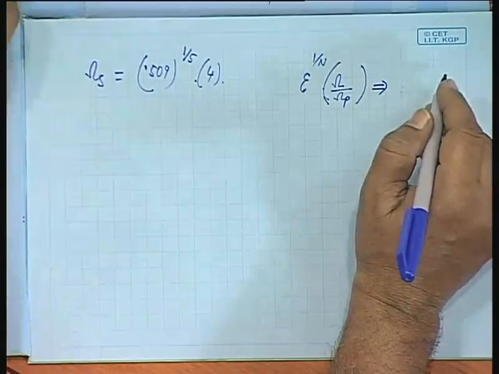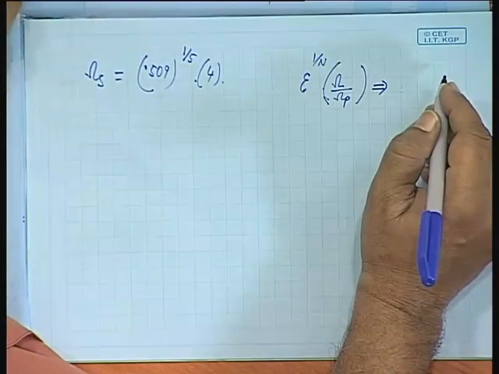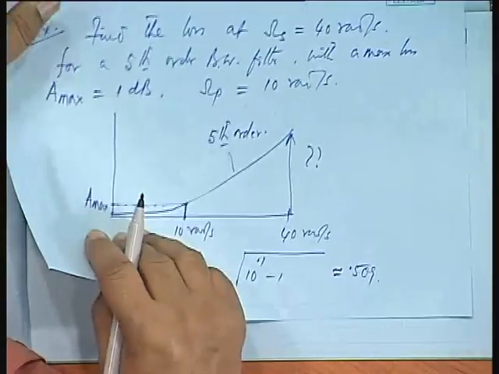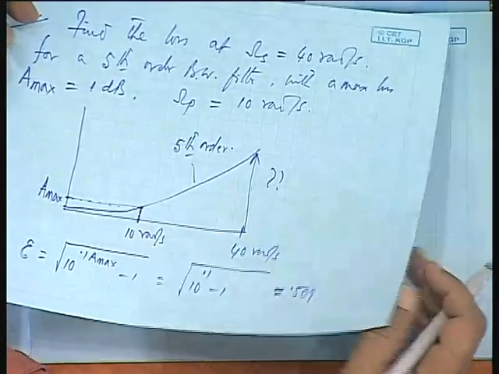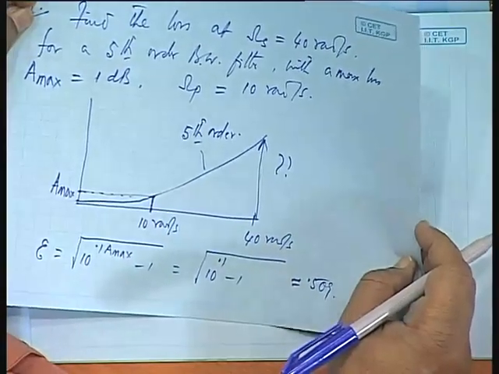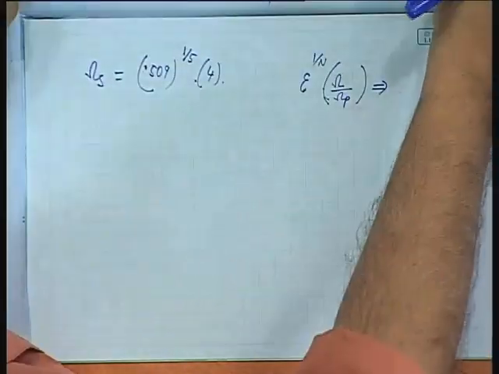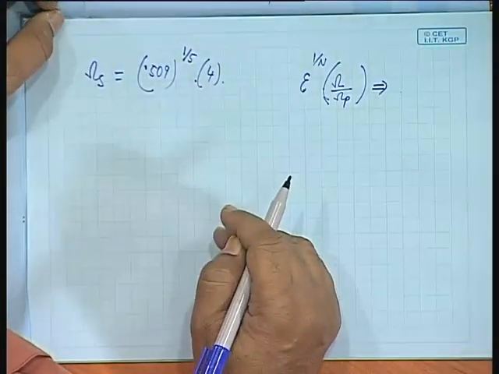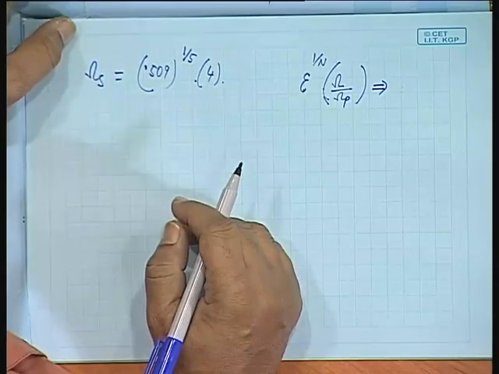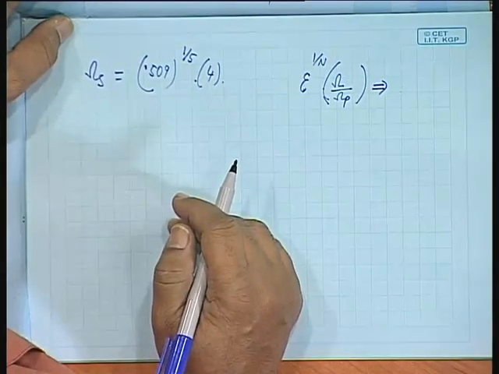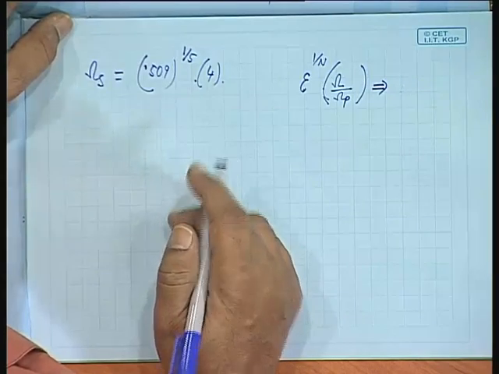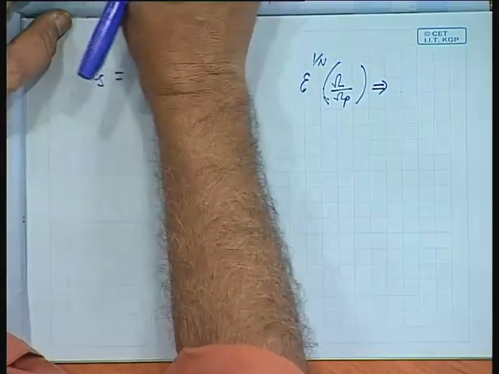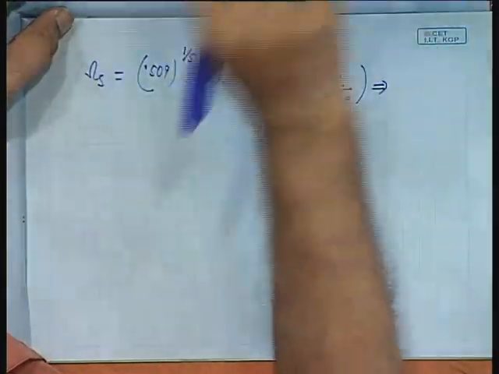Omega s was given as 40 radians. We have got epsilon. So, if you can put in that equation, what was the equation?